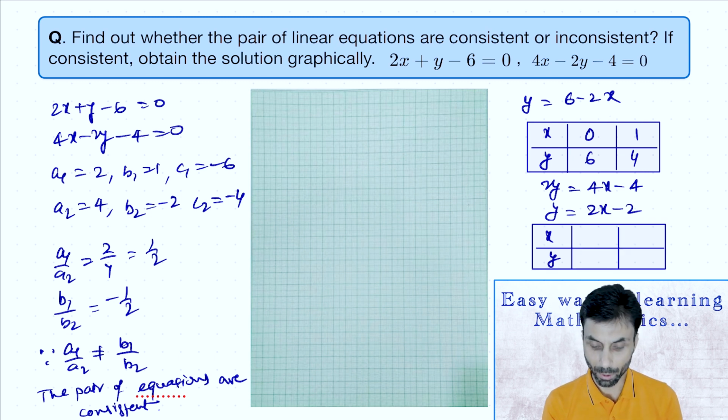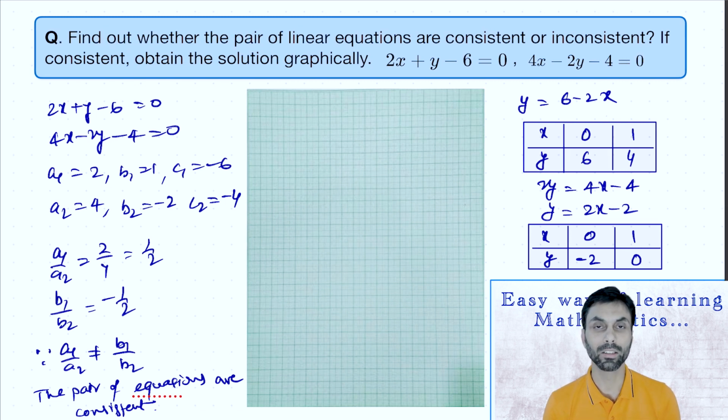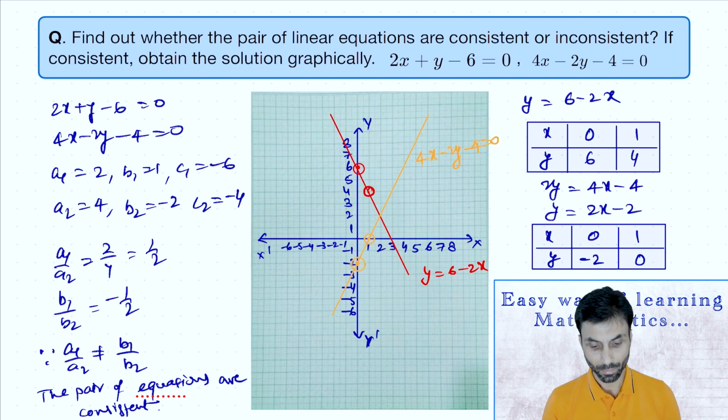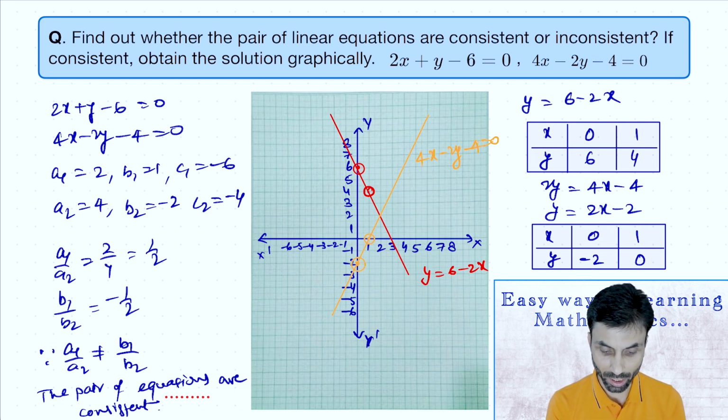Now in this case, if you take x equals 0, y will be minus 2, and if you take x equals 1, the value of y will be 0. Now on plotting these points on the graph sheet and drawing the line, we will get this graph, and based on this, if you check, these two lines are intersecting each other at the point (2, 2).